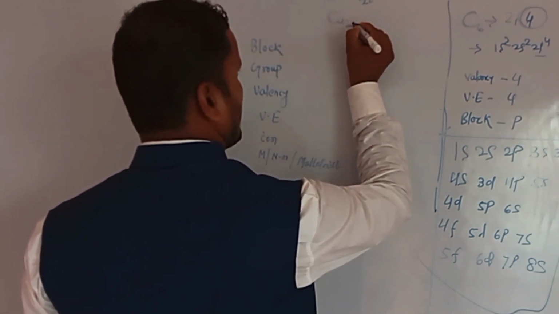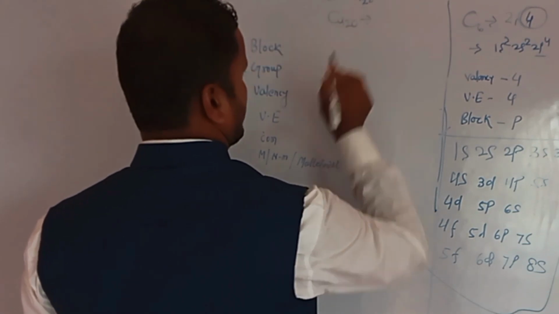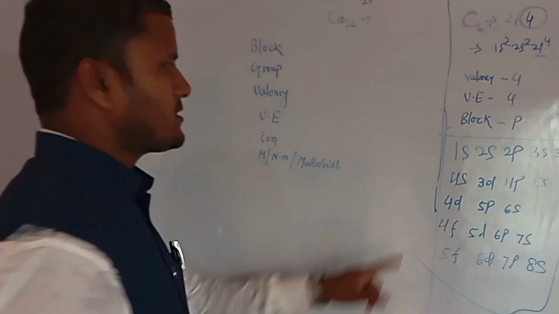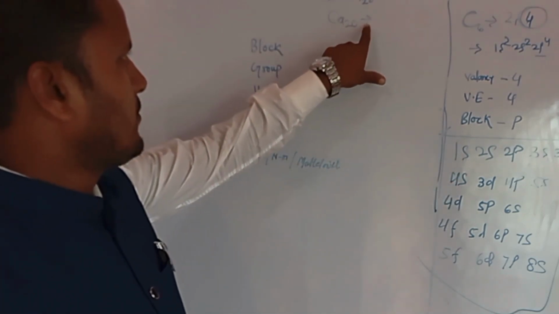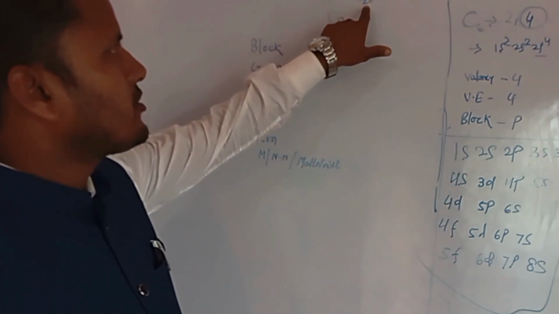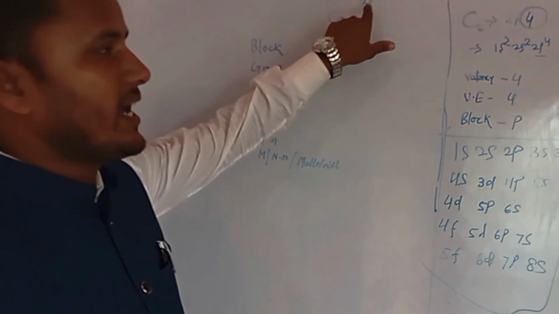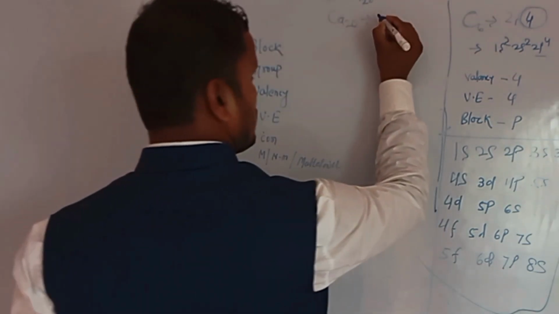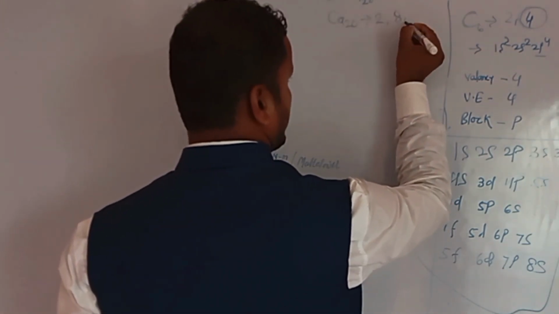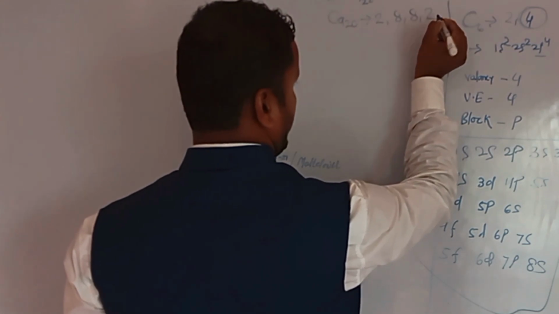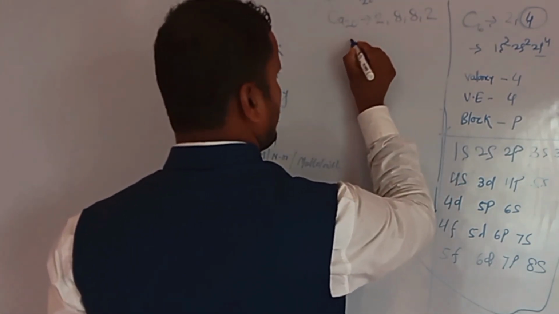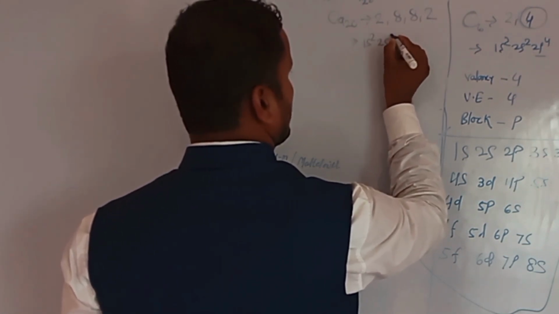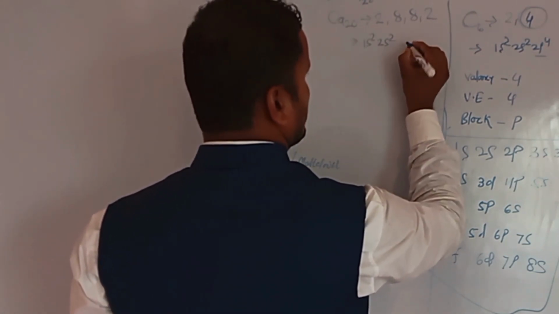Because calcium has 20 electrons, we have to arrange them as 2, 8, 8, 2. By configuration: 1s2, 2s2, 2p.